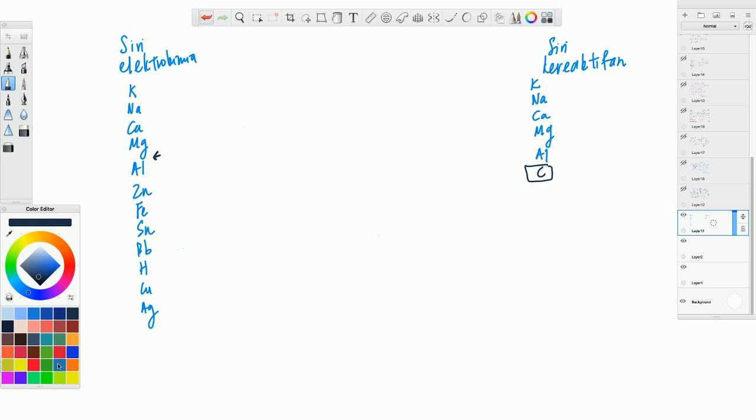Okey. Dan lepas karbon ada hidrogen. Antara aluminium dan zinc ada karbon, antara zinc dan ferrum ada hidrogen. Okey? Lepas tu yang lain lebih kurang sama.